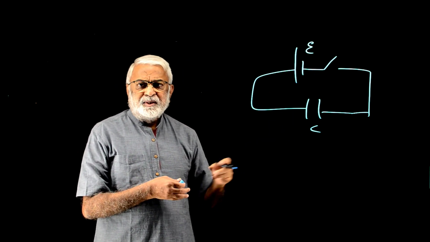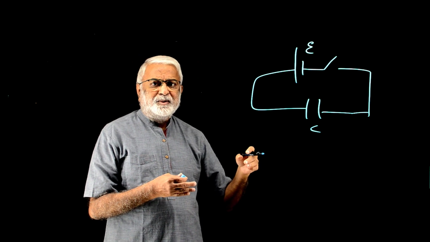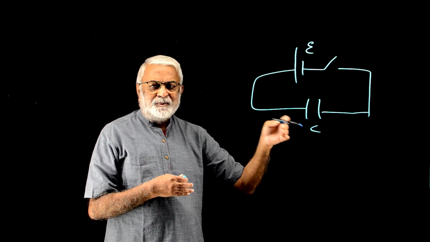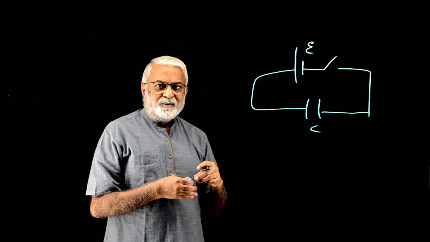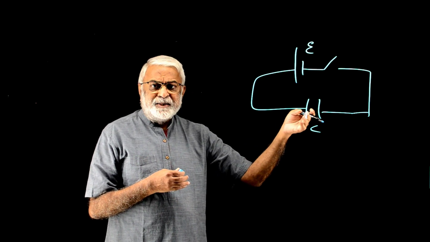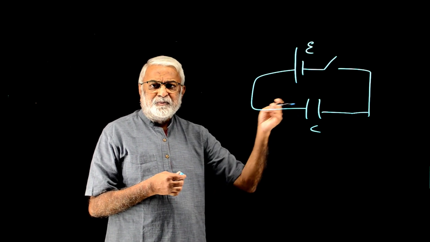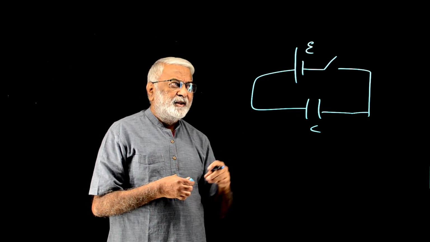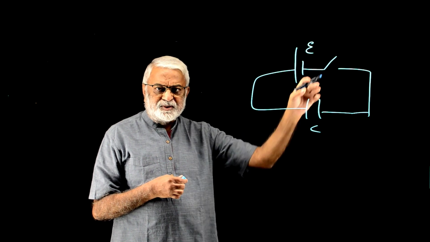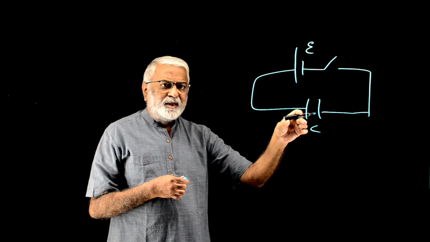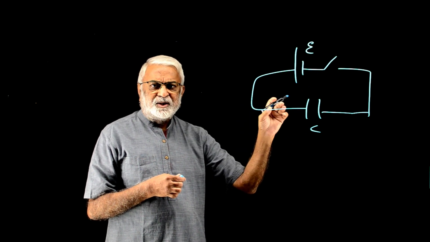You will learn later on that it takes infinite time to have this build up, but that's theoretically. 99.99% of build up will be over in a few milliseconds, depending upon the values of resistance and capacitance. So for all practical purposes, very quickly this capacitor acquires its charge.